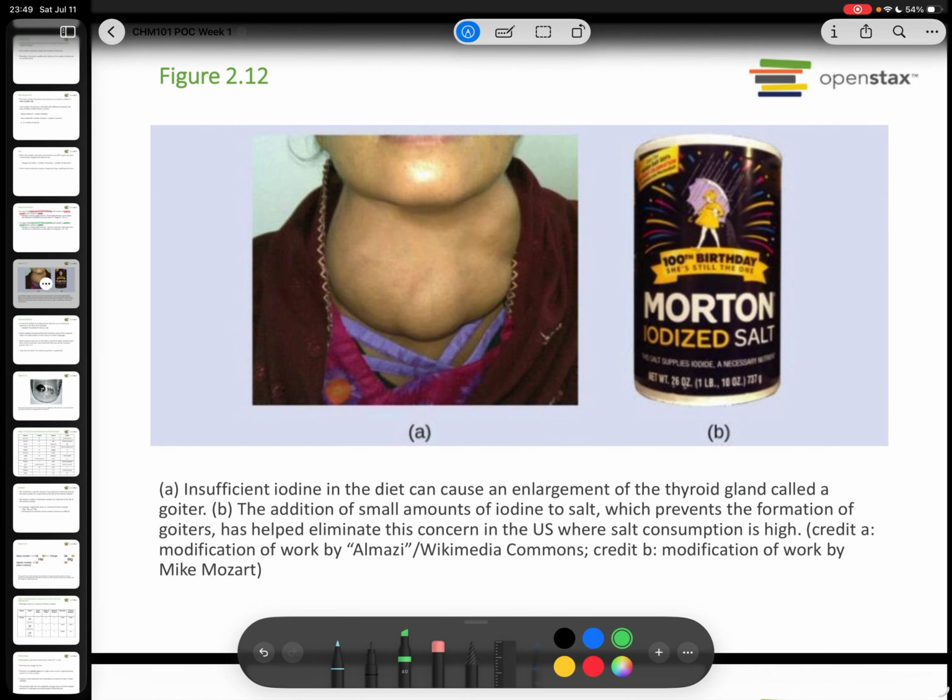Iodized salt contains iodine in ionic form, helping prevent iodine deficiency. This is a good reminder that atomic symbols and ions are not just, hindi lang siya notation. They describe substances that have real biological importance and application. Okay? Yung iodized salt may ionic iodine siya.